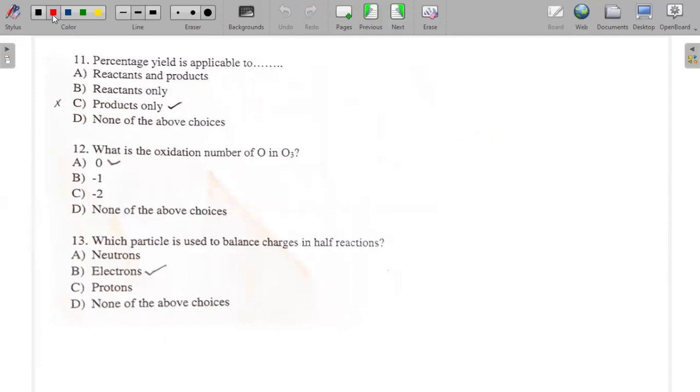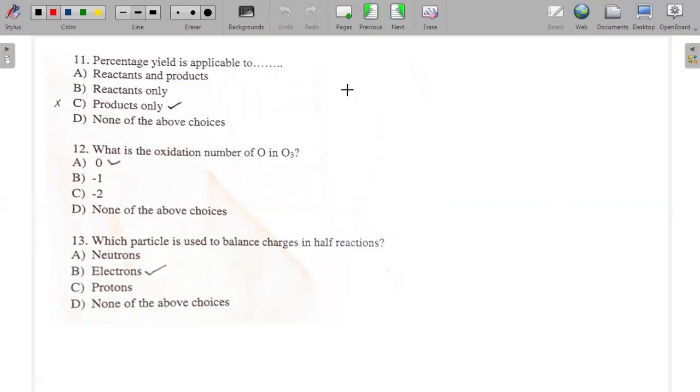Question 11, they're saying percentage yield is applicable to, option A, reactants and products. Option B, reactants only. Option C, products only. Option D, none of the above choices. So the answer here is products only. When you're finding the percentage yield, you are interested in how much of something you're going to produce from the reaction that you have.